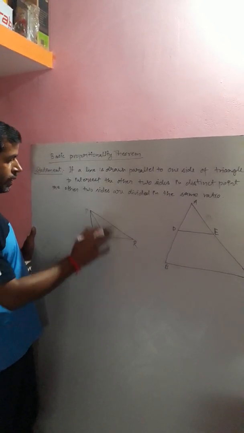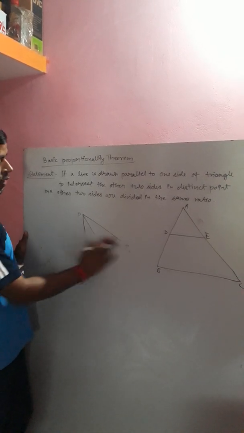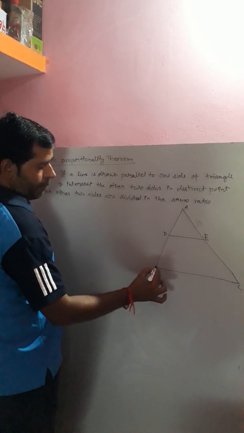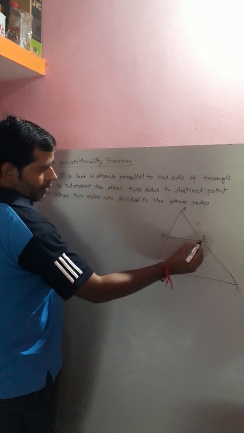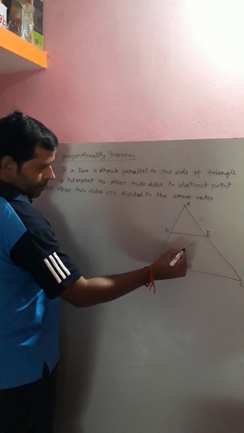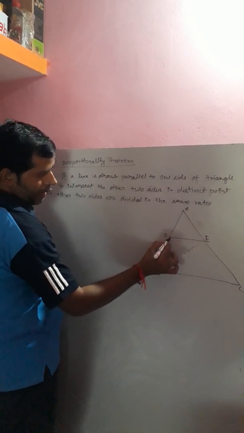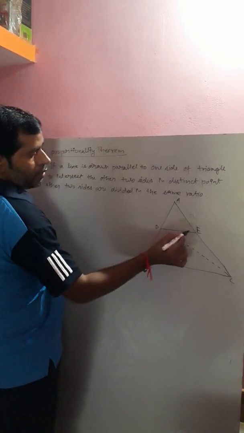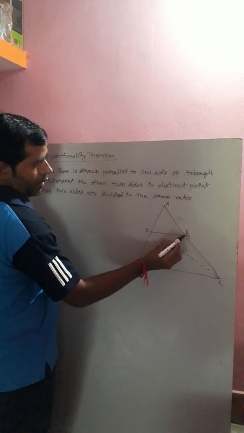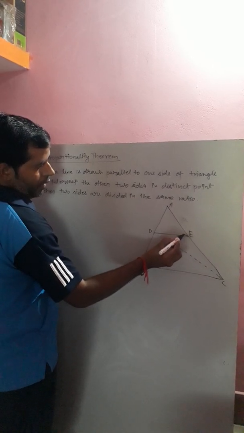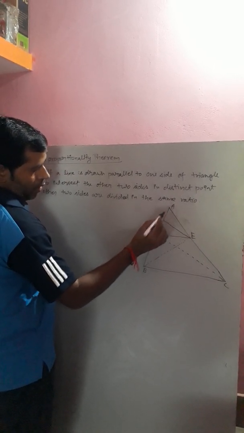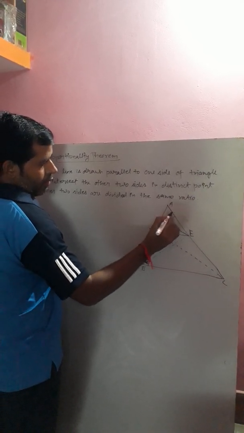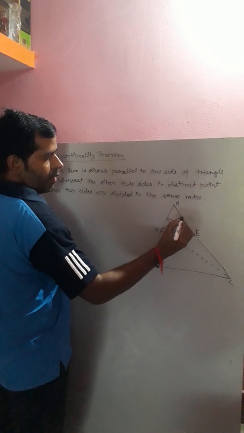So this statement we require. Now second, first we will join D to E, and C to D. Another requirement: we have to draw the perpendicular from point E to side AB, and one more perpendicular.